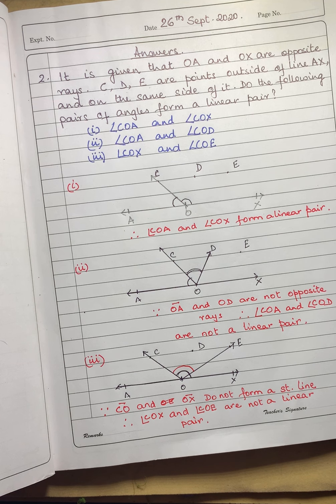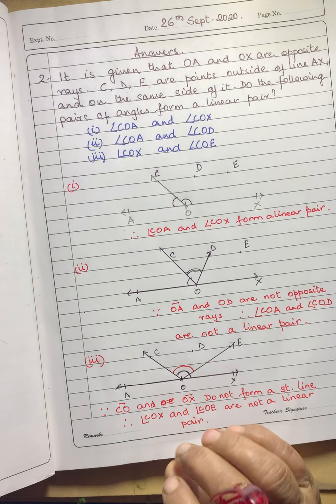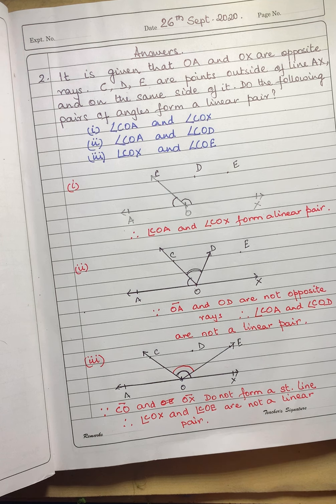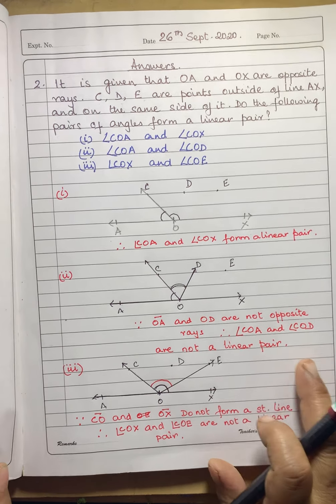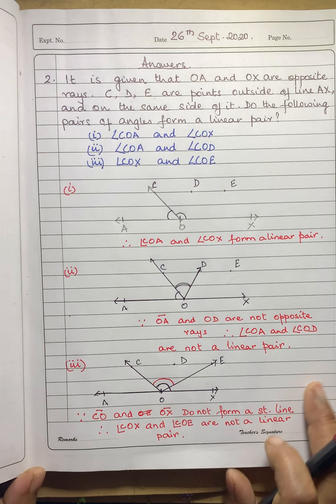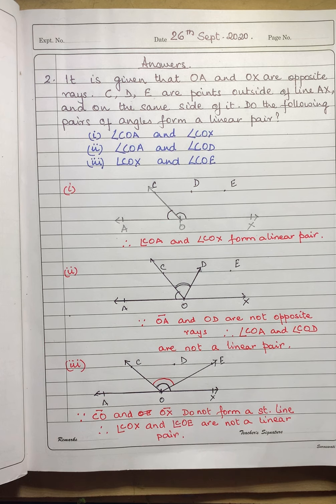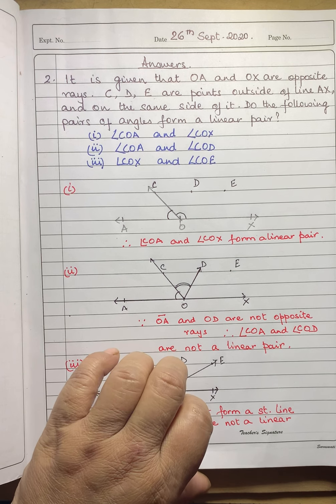Right. The next part of the question was, what is the most important point for two angles to be a linear pair? The most important point for two adjacent angles to be a linear pair is that the two angles must be on a straight line, or the arms of the angles must be in opposite directions.